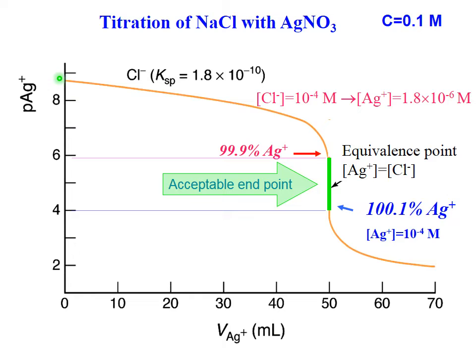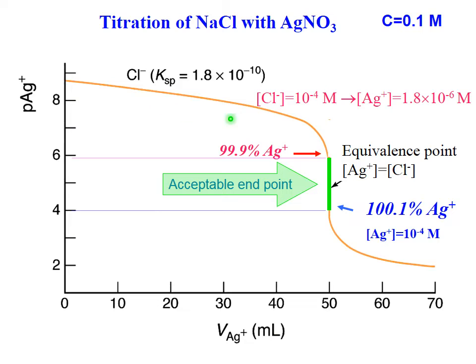When you titrate, you can see the concentration of silver changing this way. First, the concentration of silver when you add it is very small because it all precipitates with chloride. This concentration is described by the solubility product, which we know.